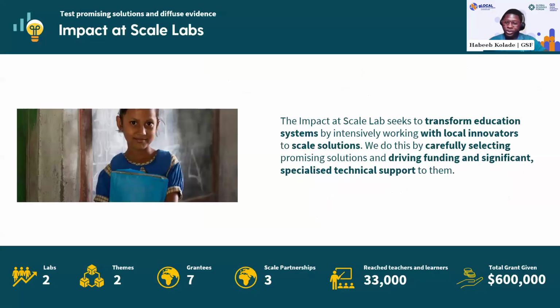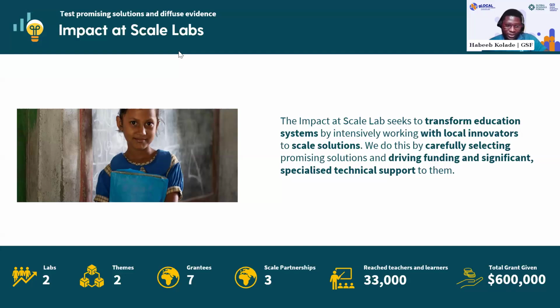So one of the ways in which we are trying to accelerate this process is through the Impact at Scale Labs, which is supporting organizations to scale local solutions in their communities and in other spaces. We do this by carefully selecting innovations through an application process, and then driving funding and significant technical support to these organizations to help them through that scaling journey.